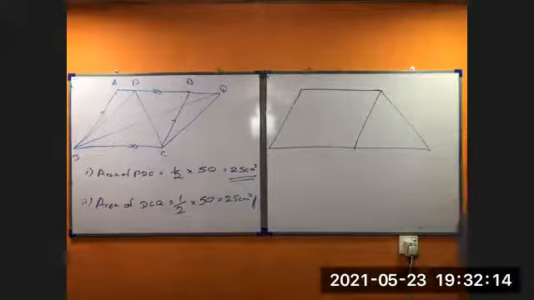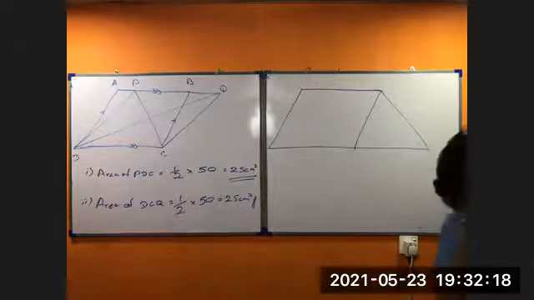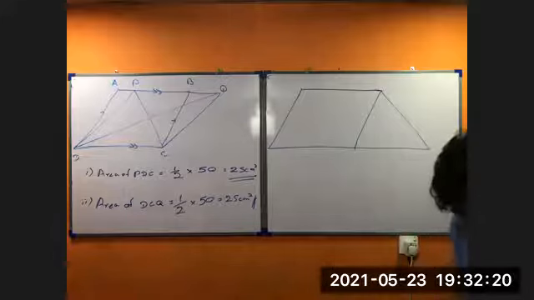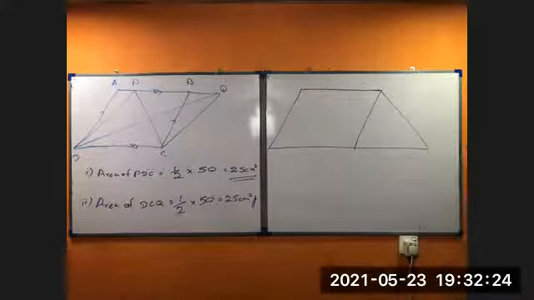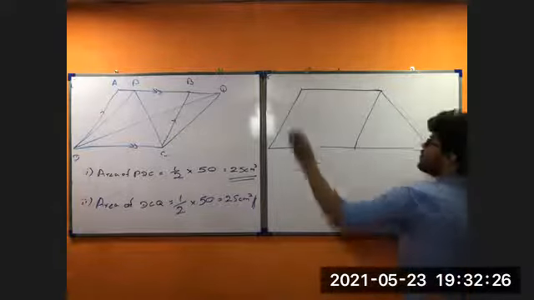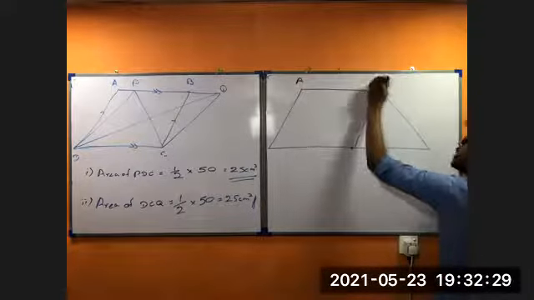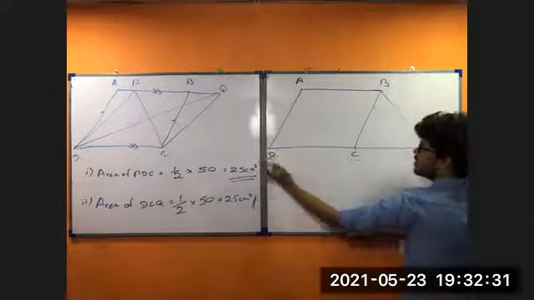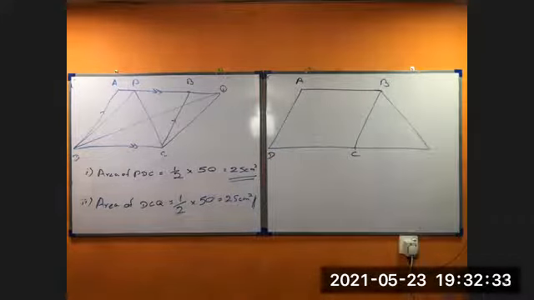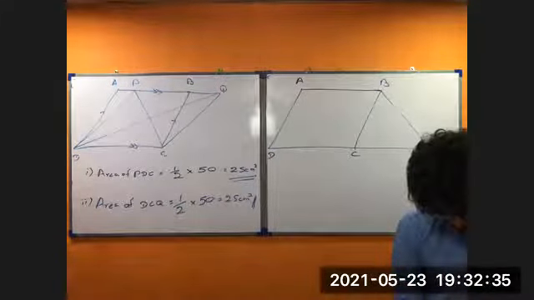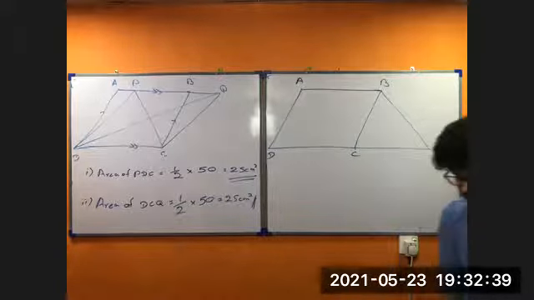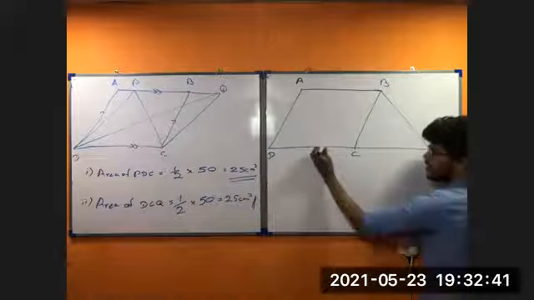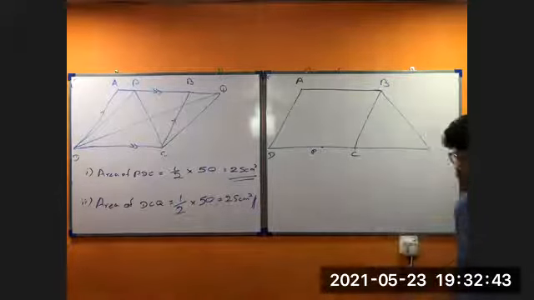So what do we have here? The point P lies on the side BC of the parallelogram ABCD. So we have a parallelogram ABCD, and point P lies on it.